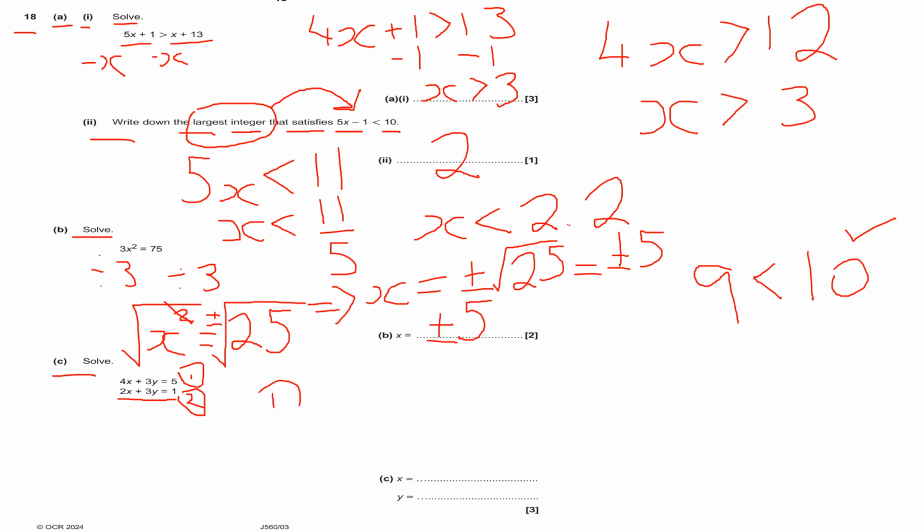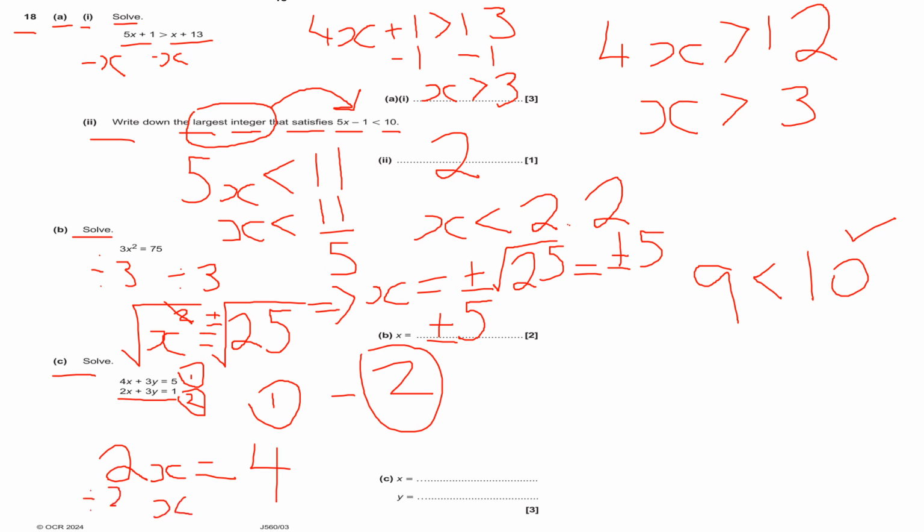When I do this, 4x minus 2x makes 2x, 3y minus 3y goes to 0. Hence 2x equals 5 minus 1, which makes 4. So x equals 4 divided by 2, so 2.